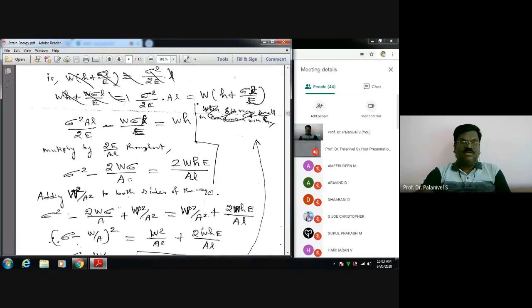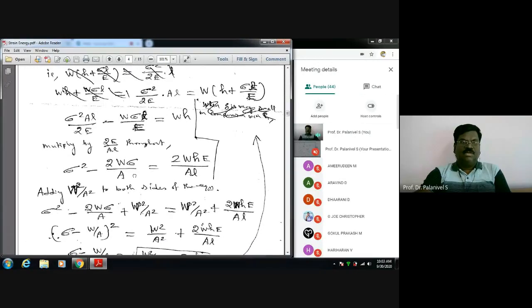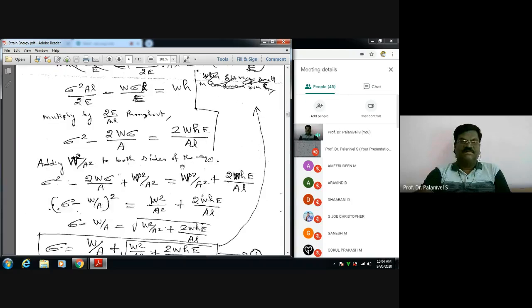Sorry, actually it is multiplied by 2E by L, so E gets cancelled here itself. So 2W sigma by A alone will be there, equal to W into H into this 2E by AL, multiplied here. This way you are getting it.